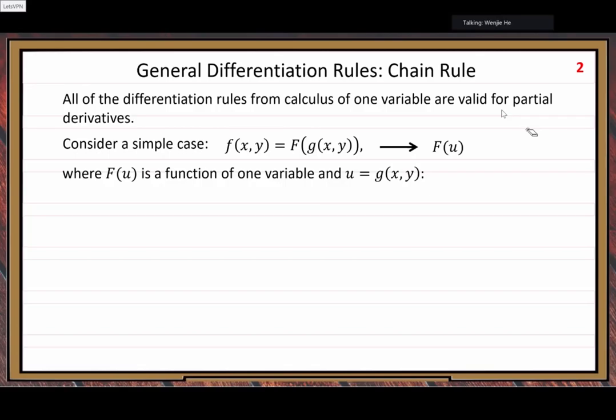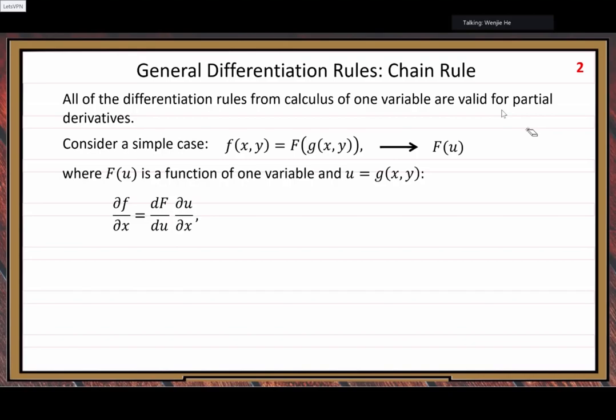Now the chain rule: partial f over partial x. The first part: capital F is a one-variable function, so we take dF over du, the derivative of the F function with respect to the u variable. The second part: for u we take the partial derivative, partial u over partial x.